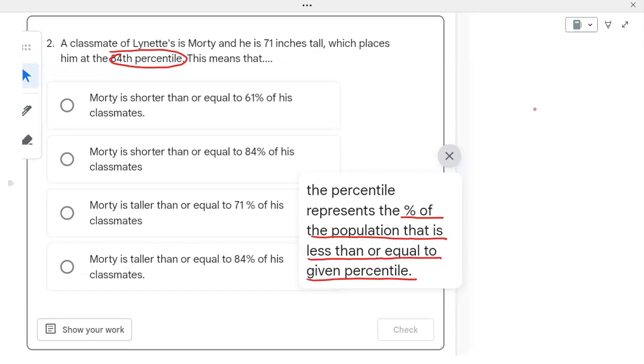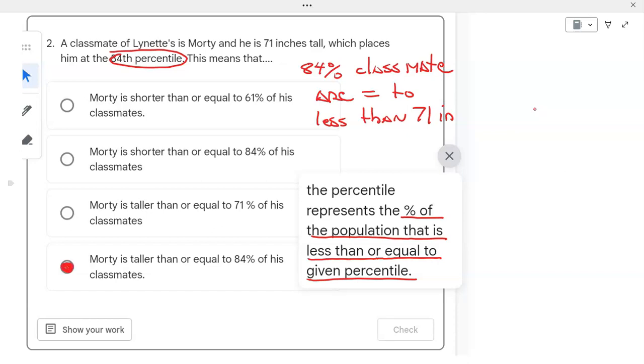So this tells us that 84% of his classmates are equal to or less than his height. So that means he is taller than or equal to 84% of his classmates.